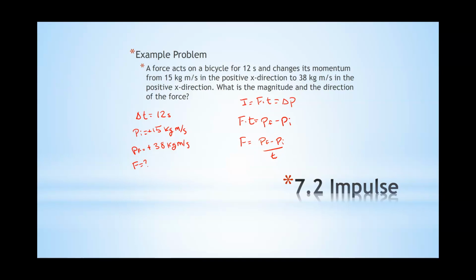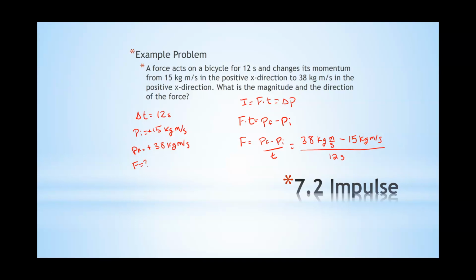I can go ahead and plug and chug. My final is 38. My initial is 15. And I'm dividing this whole thing by 12 seconds. Hopefully you recognize the fact that we're taking kilogram meters per second on the top, and we're dividing that whole term by 12 seconds.